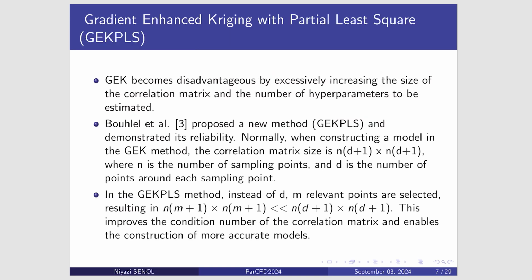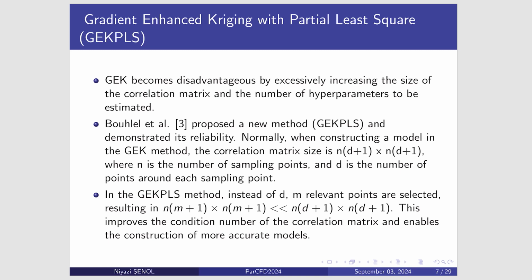But GEK also has some disadvantages, because you are increasing the size of the correlation matrix and the number of hyperparameters to be estimated. Bouhlel proposed a new method, GEK-PLS, and demonstrated its reliability. When constructing a model in the GEK method, your correlation matrix size is n plus nd, squared.